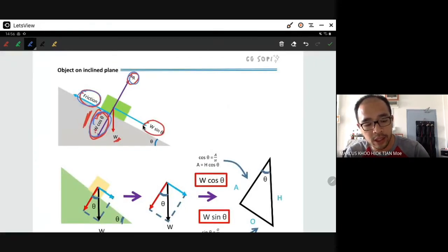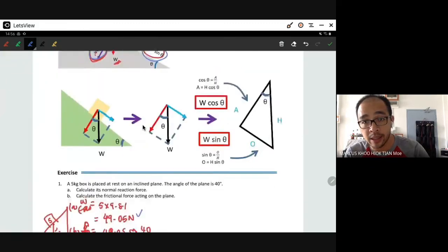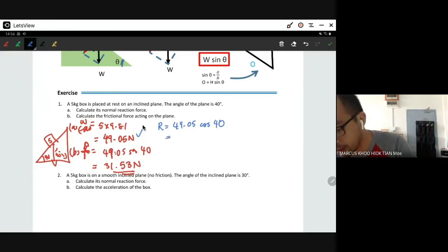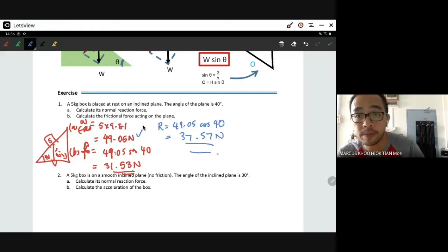So the reaction force will be 49.05 cos 40, because it's not moving up and down now. So 49.05 times cos 40 will give us about 37.57 newtons. So don't worry about this, Angeline. We learn from this mistake together.